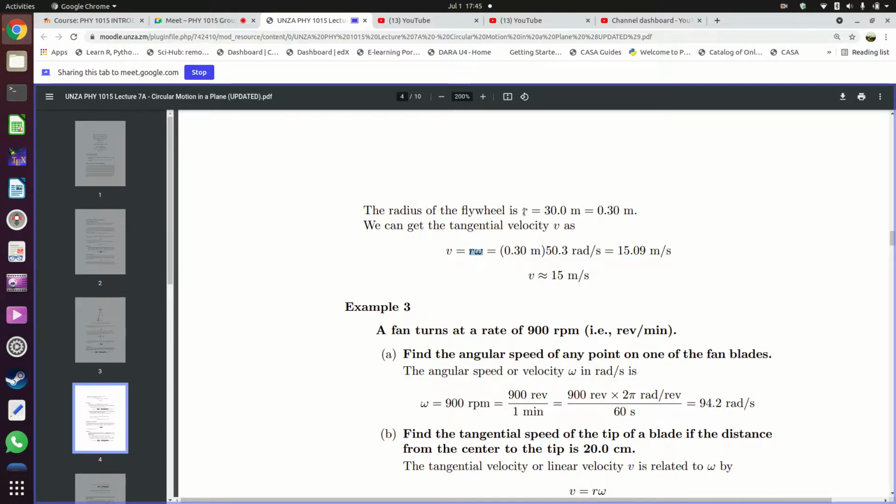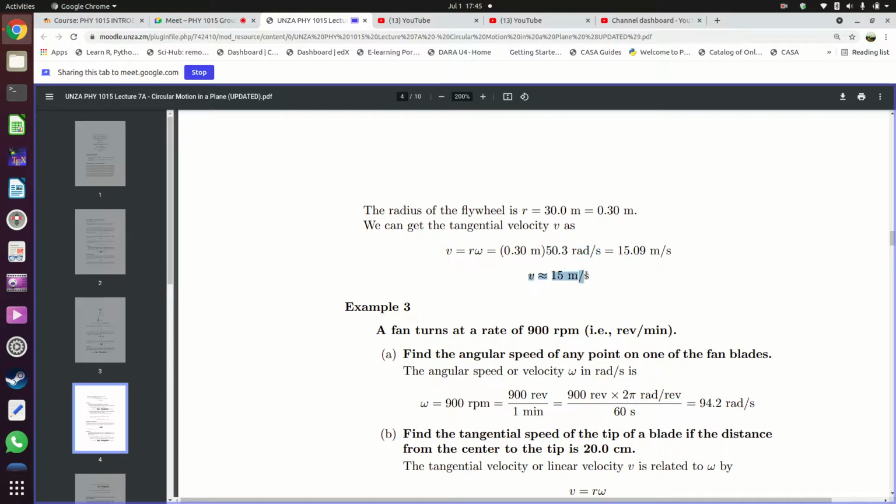This is supposed to be 30 centimeters, and 30 centimeters is equal to 0.3 meters. Again, another correction I need to go through. So this is 0.3 meters multiplied by 50.3 radians per second, and you end up with 15.09 meters per second, which is approximately just 15 meters per second.